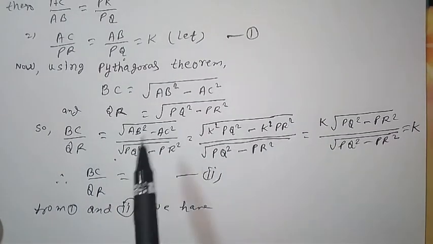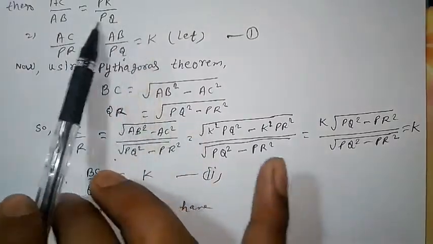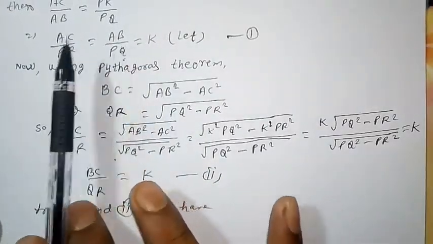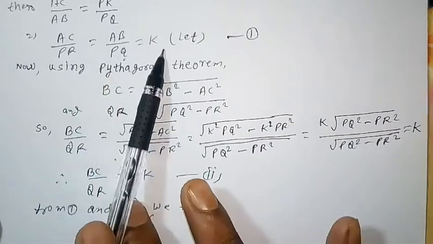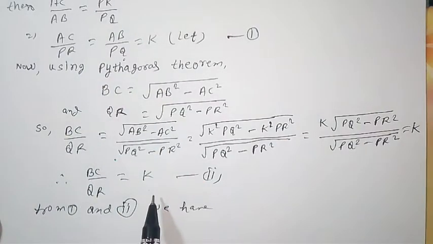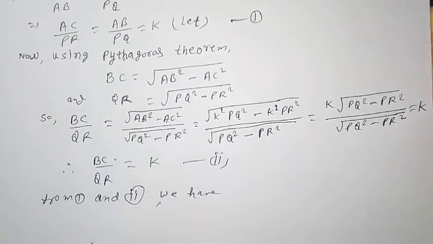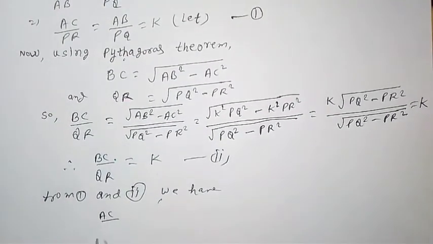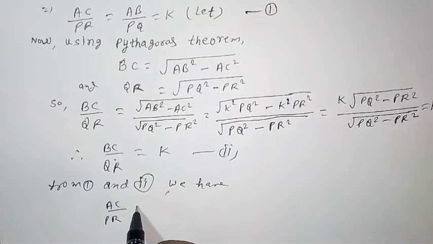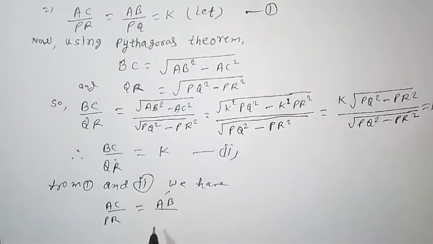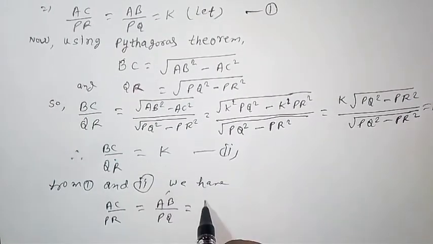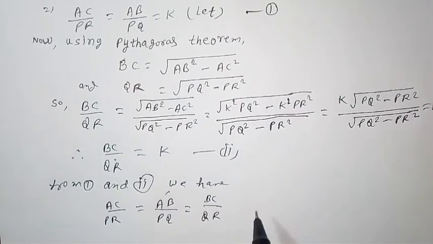You can also say that this is equal to K and this is also equal to K, so all are equal. AC by PR is equal to AB by PQ is equal to BC by QR. Okay.